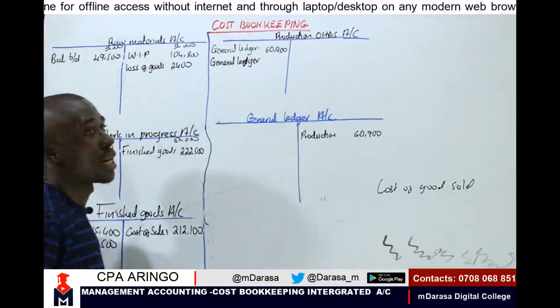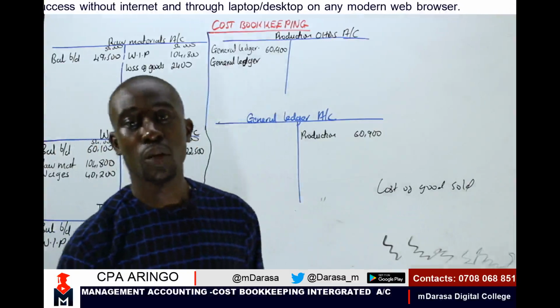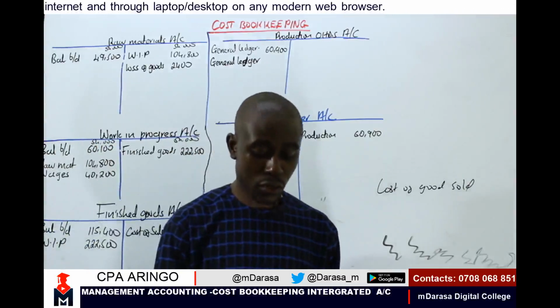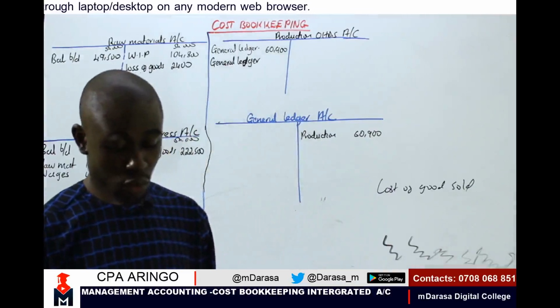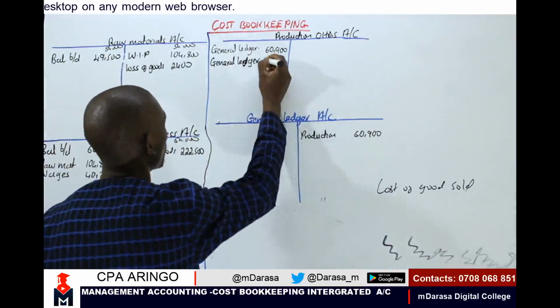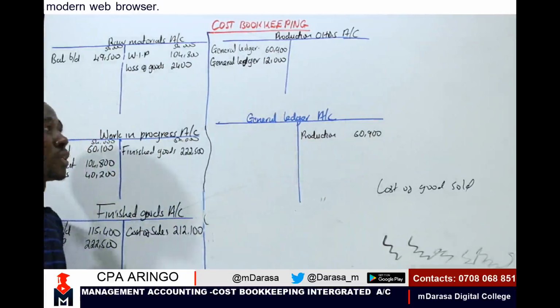A notional rate of how much? 4,000 per month. Meaning that for 3 months, because I was given January to March, 4,000 times 3 should give us 12. So I'm going to have our 12,000 here. Very good.